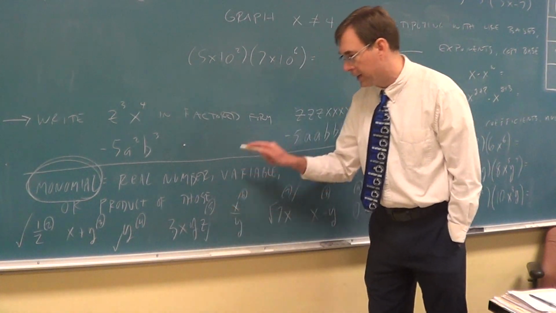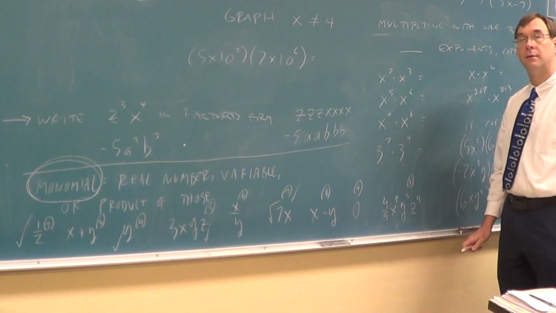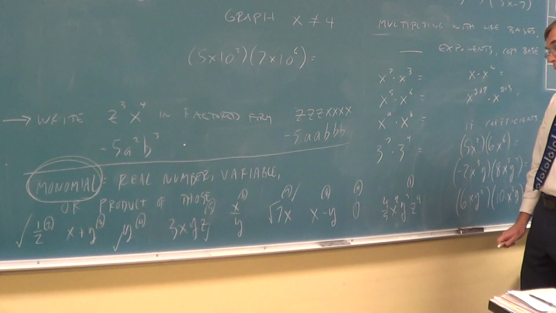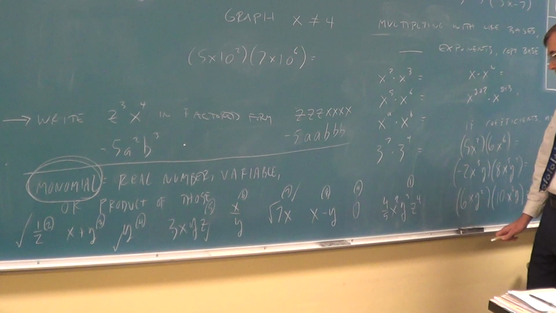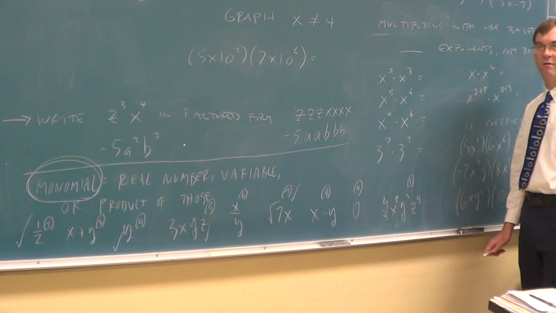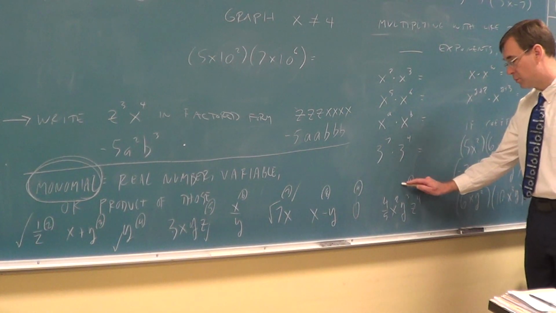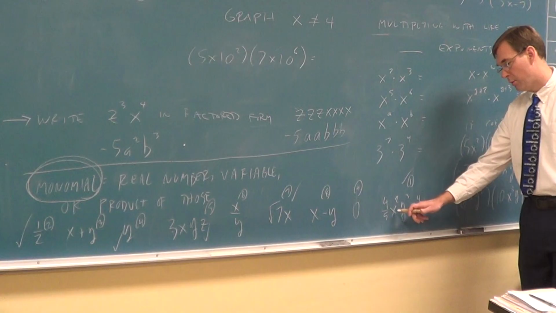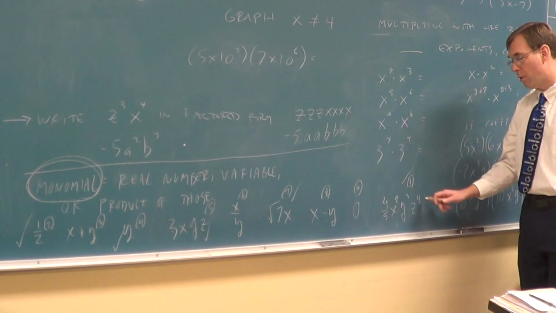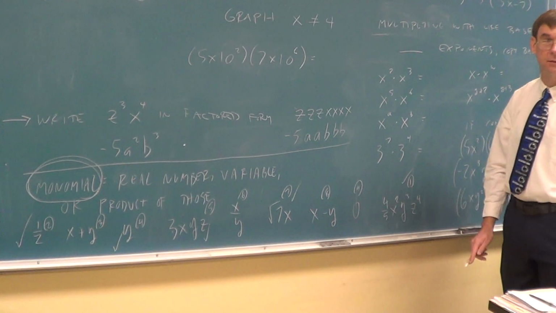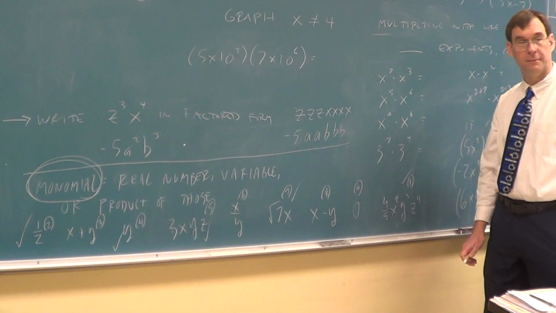Everybody's multiplying, so that makes the cut. What's the last one? 4/5 x squared y cubed z to the 4th. It is, yes, because we've got a real number, we've got a bunch of variables, they're all multiplying, so that is a yes.